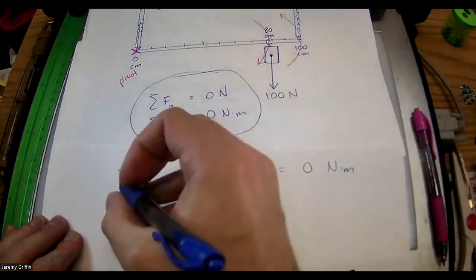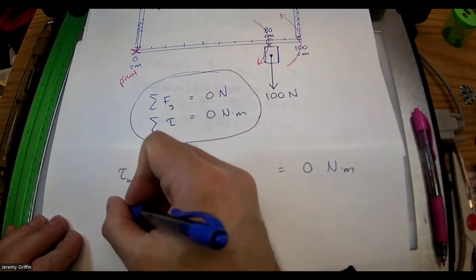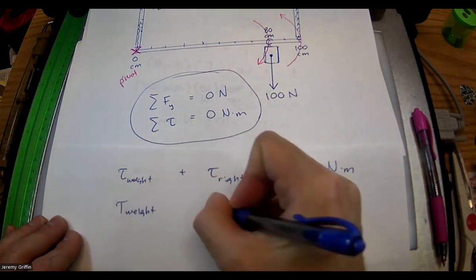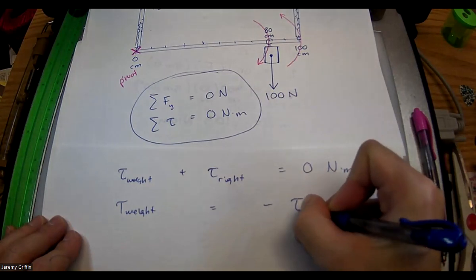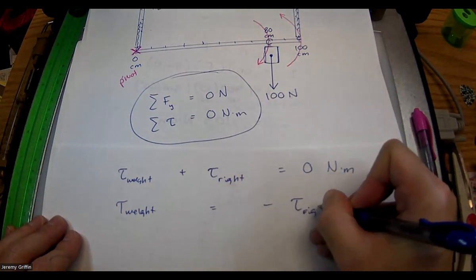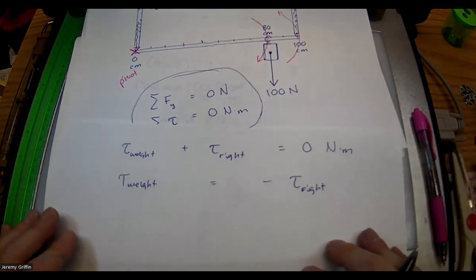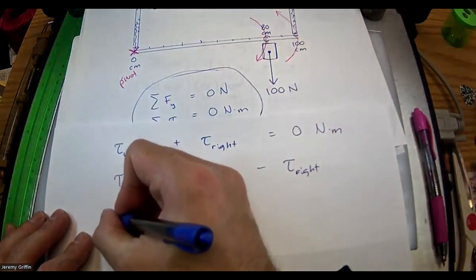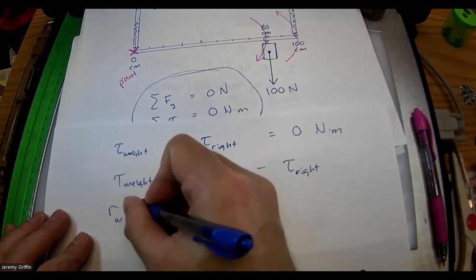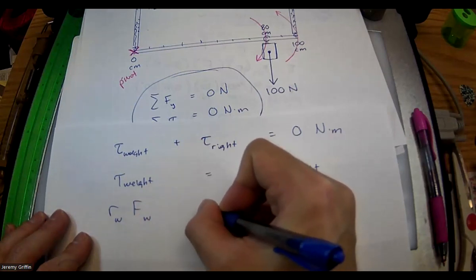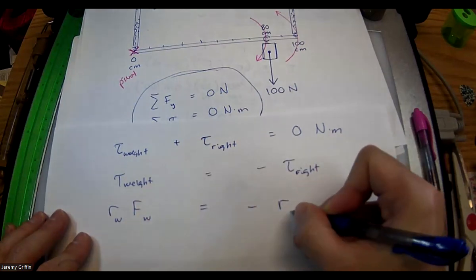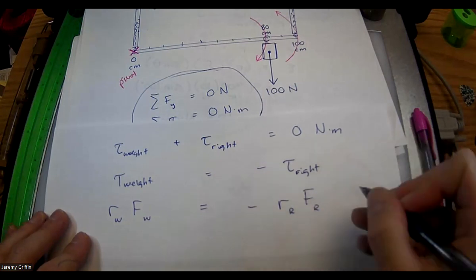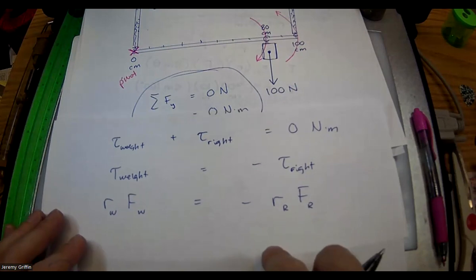The torque caused by the weight is equal to the negative of the torque caused by the right spring scale. Torque caused by weight: that's R_weight F_weight equals negative R_right F_right, R cross F.